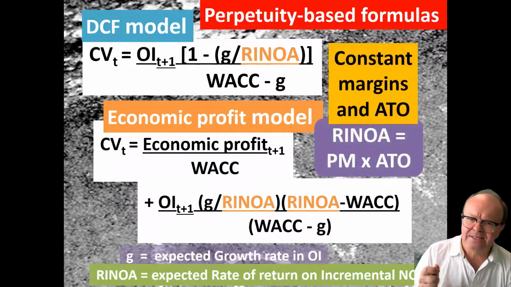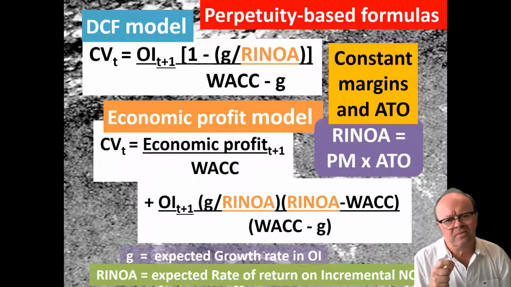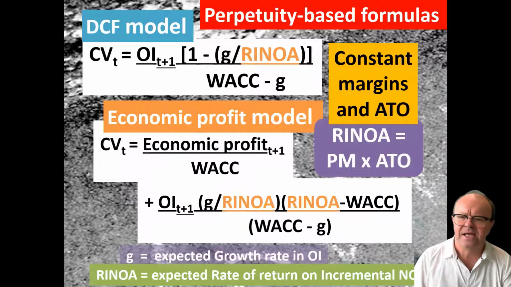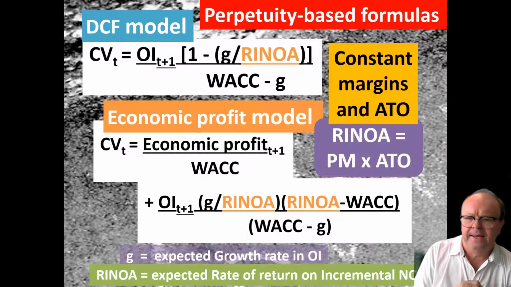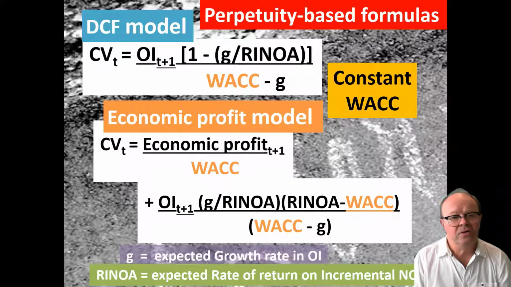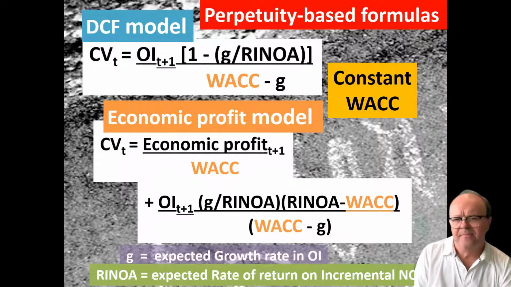So the perpetuity has constant growth and also constant margins and asset turnover. The return on incremental net operating assets equals profit margin times asset turnover. So we're going to be assuming a constant return on incremental net operating assets, with constant profit margins and asset turnovers. And also with constant weighted average cost of capital, so our measure of risk.